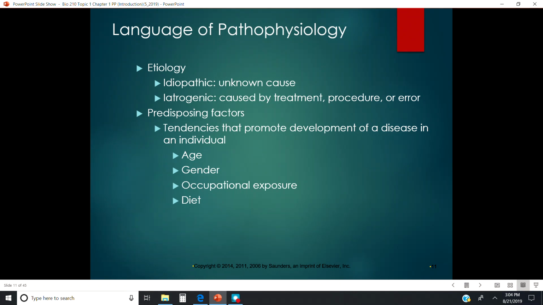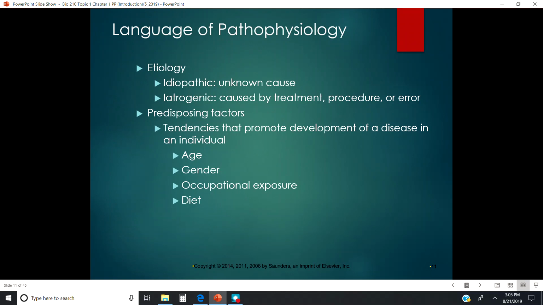The next terminology that we want to take a look at are predisposing factors. Basically, these are things that promote, right here, this is what you want to highlight, they promote the development of the disease in an individual. For instance, age, right? We'll see that some things tend to become more prevalent in people as they get older, like hypertension, skin cancer, things like that.